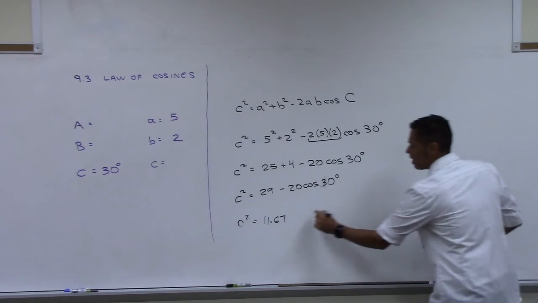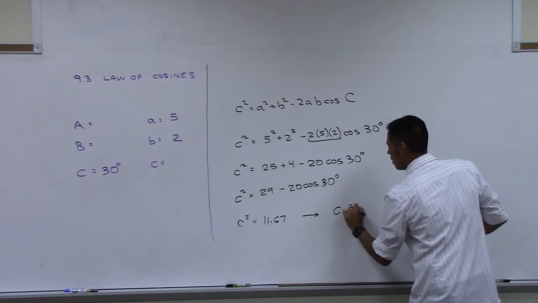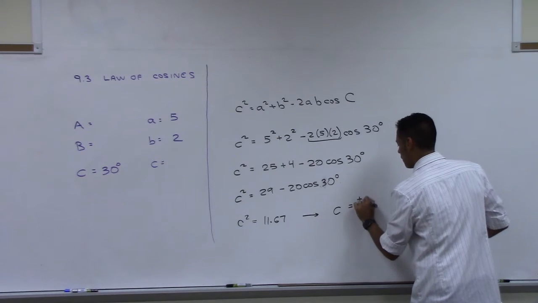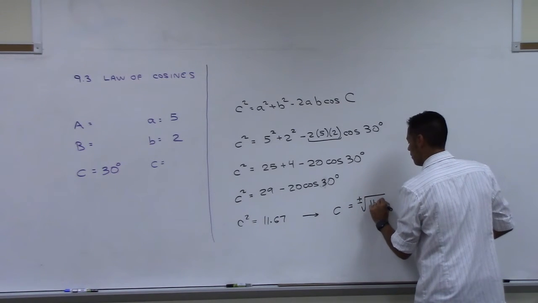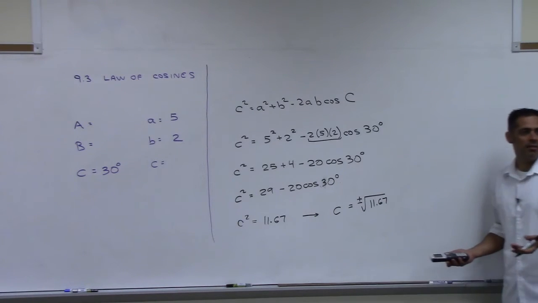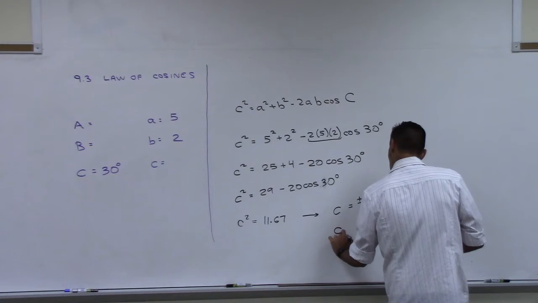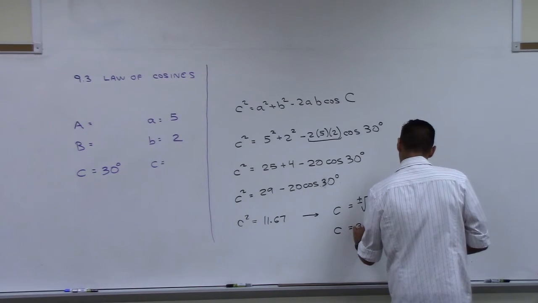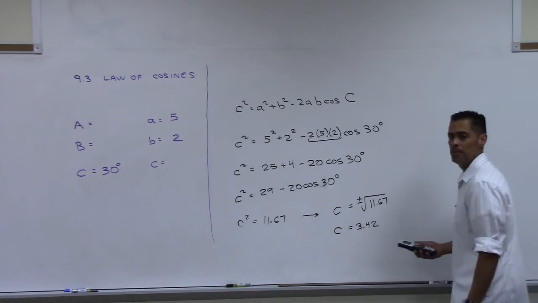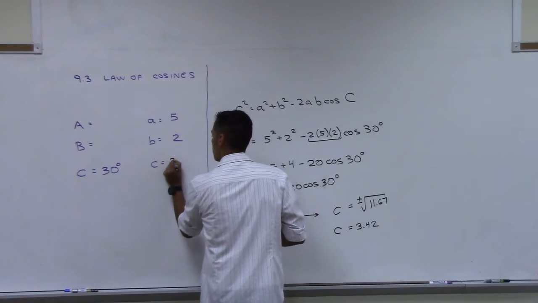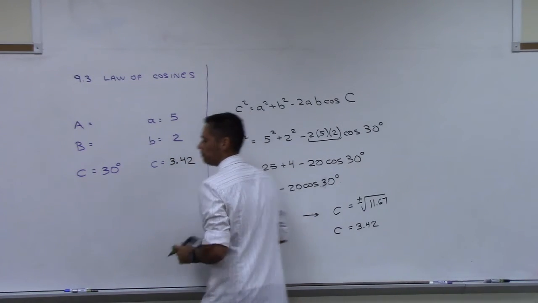Remember that when you take a square root, you have to do plus or minus. However, c is the length of a side of a triangle, so it's going to be just the positive answer here, but I'm being technically correct. When you square root something on both sides, you're supposed to consider both cases. So c is 3.42-ish, yeah? 3.42.